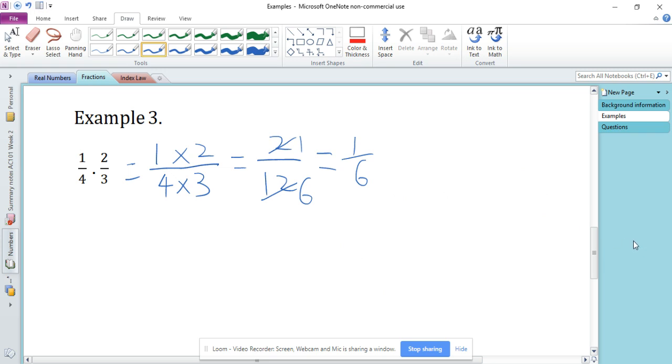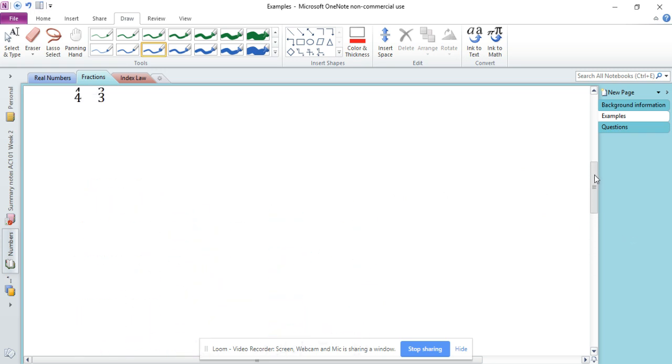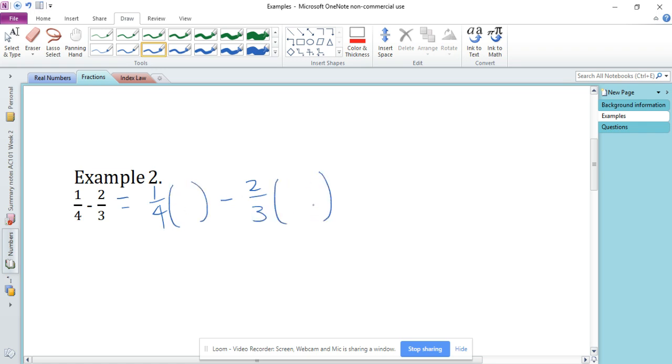Right, so let's go back to example 2. Firstly, just copy the two fractions, and remember you need to times something for both fractions. So what should you times here?